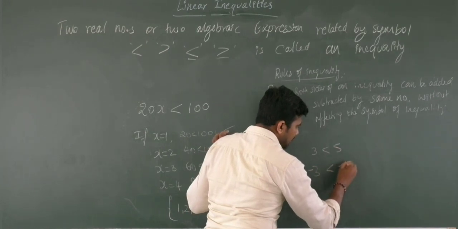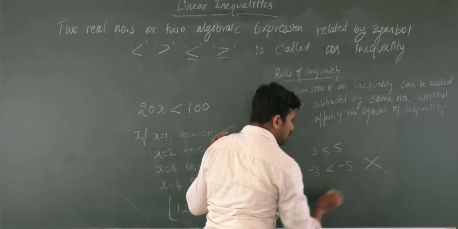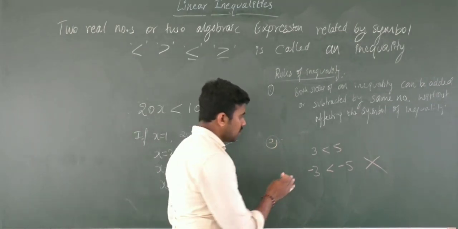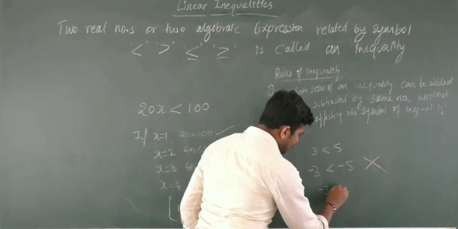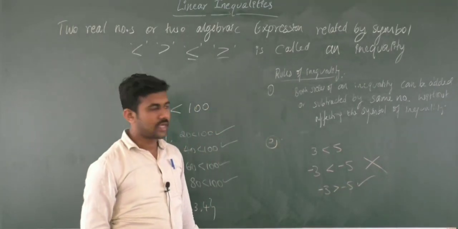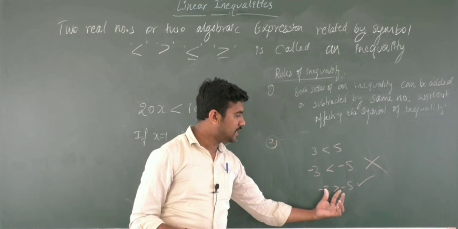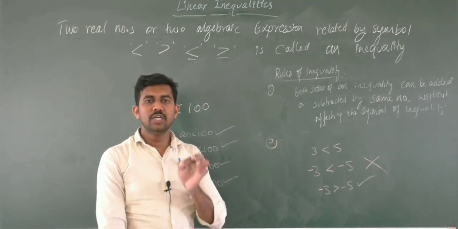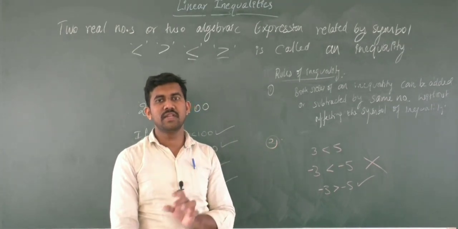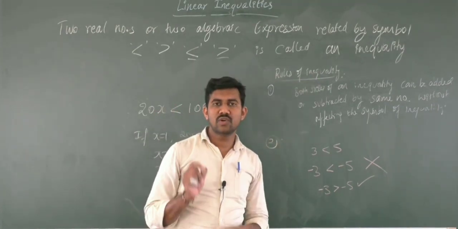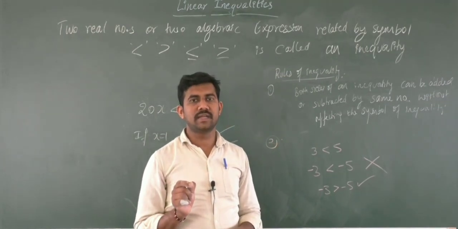If you write minus 3 less than minus 5, this is not true. So the sign should be reversed, then only it makes a correct statement. Means if you multiply or divide by a negative number, you should reverse the symbol of inequality. So we have to use this rule when solving the given inequality.